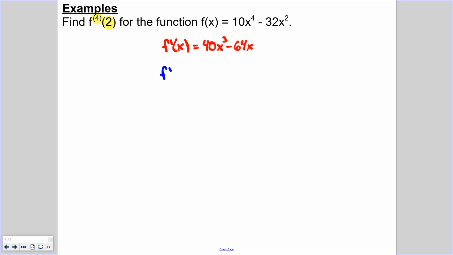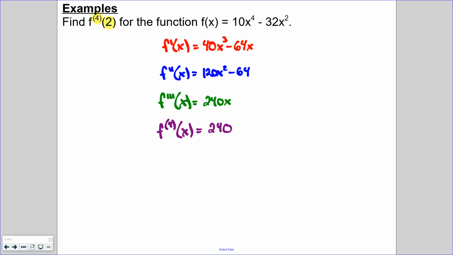Then the second derivative is going to be 120x squared minus 64. The third derivative is going to be 240x. And then finally the fourth derivative, f4 of x is just going to be 240. All right, but again, we don't want the general derivative. We want the derivative at x equals 2.